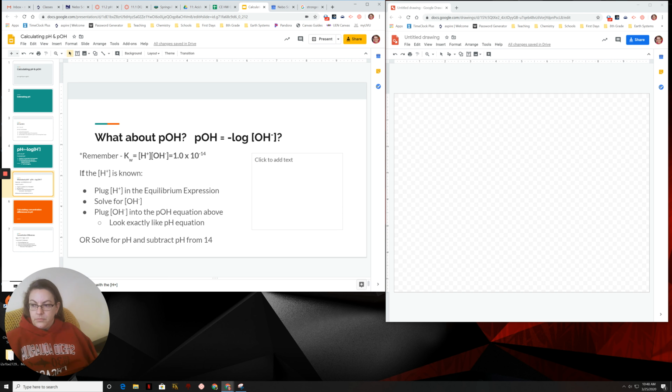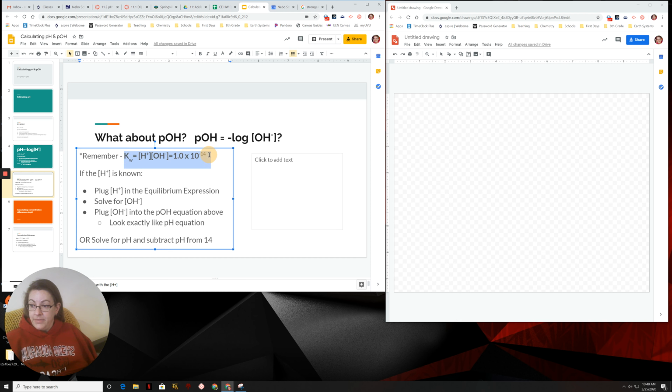So remember, some of you asked about that. That is the equilibrium constant of water. K, capital K, represents equilibrium constant. The little W at the bottom represents that it is the equilibrium constant of water.